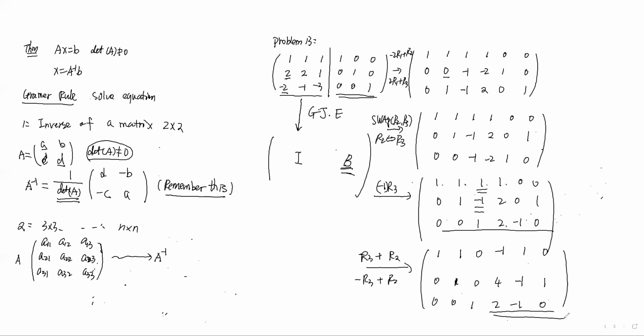I don't think the matrix will be 4 by 4. If it's 4 by 4, we only have 1 hour. You don't have enough time to finish the problems. Okay, no worry about it. Anyway, I'm not sure where I made a mistake.